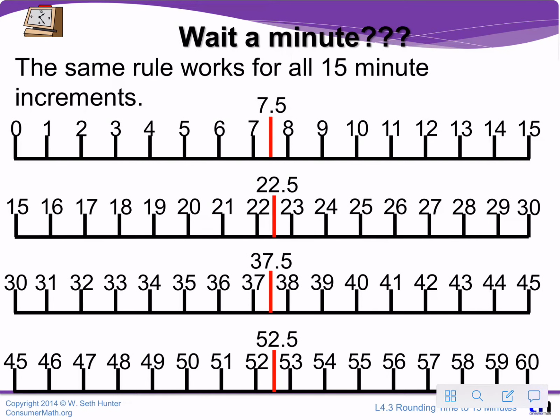The same rule works for all 15-minute increments. So you can see at 15 minutes it's at 7.5. After 30 minutes it's 22.5. For 45 minutes we're rounding at 37.5, and then for 60 minutes 52.5 minutes.